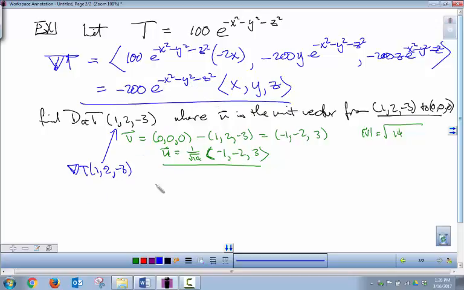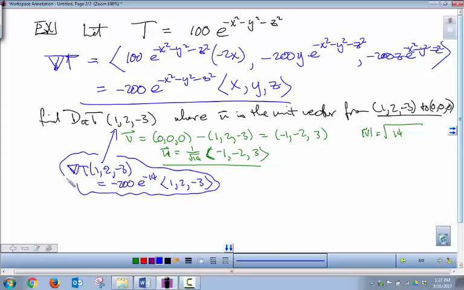So we need to square them. You get 14, right? So negative 200 e to the negative 14 times 1, 2, negative 3. That's the gradient evaluated at that point.